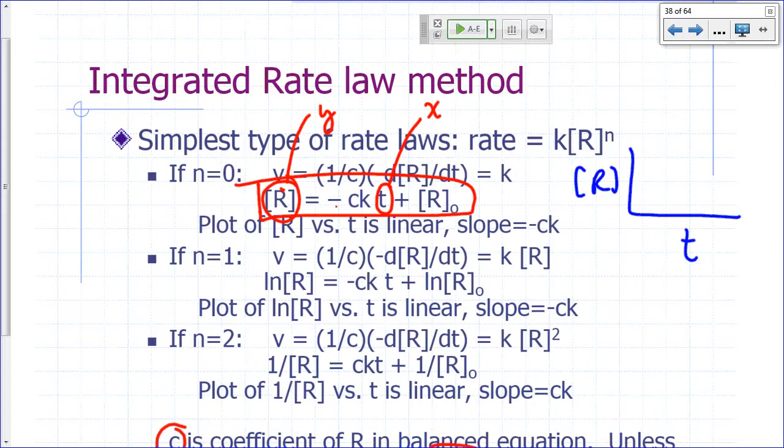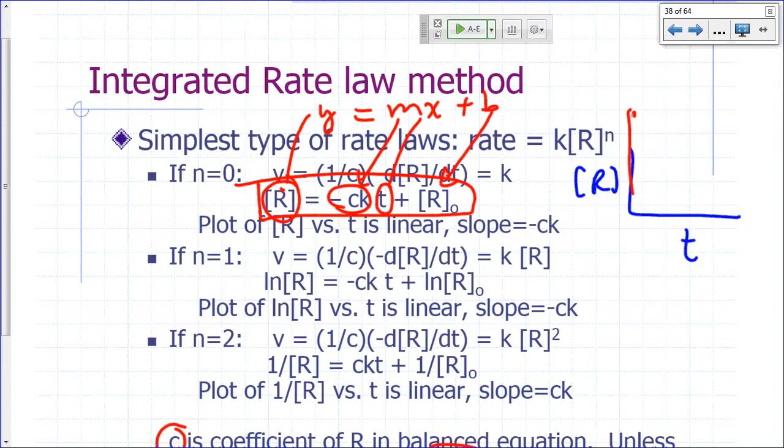So I can identify negative ck as the slope of my line. So y equals mx plus b, right? Like I said, we're just going to say c is 1, so negative k is the slope of my line, and b is my y-intercept.